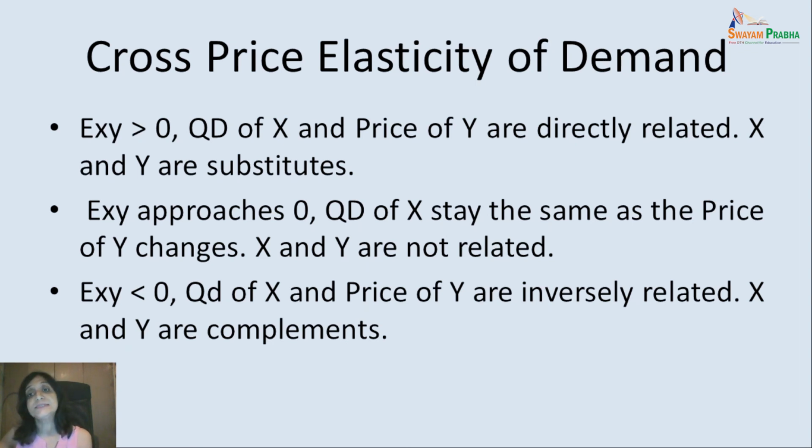Similarly, by seeing the cross elasticity of the two goods, you can say whether they are related as complements or substitutes, or unrelated. You must keep that in mind before interpreting these elasticities.